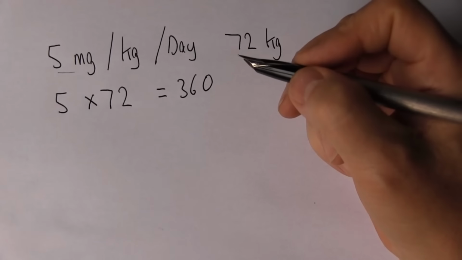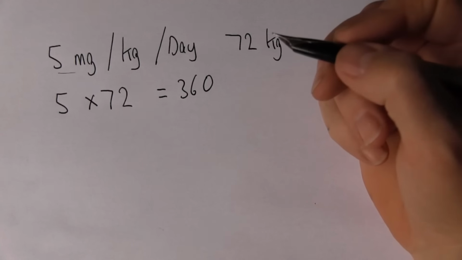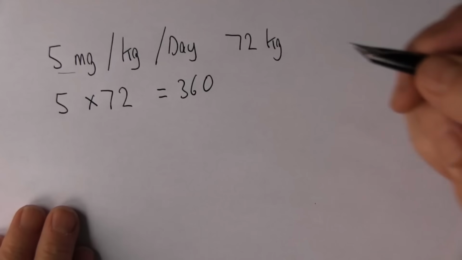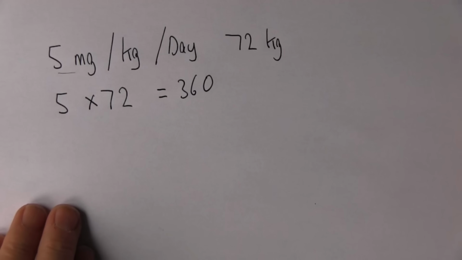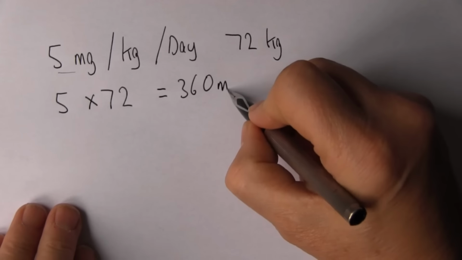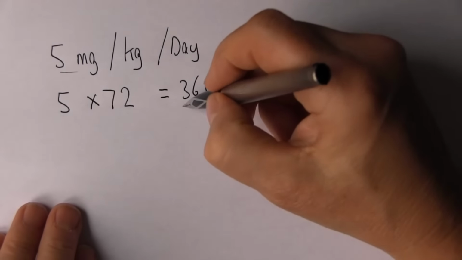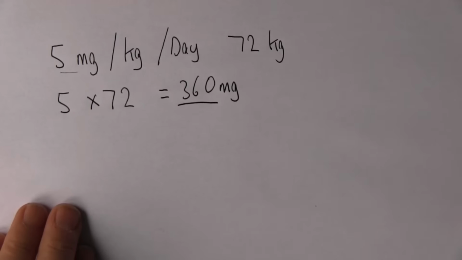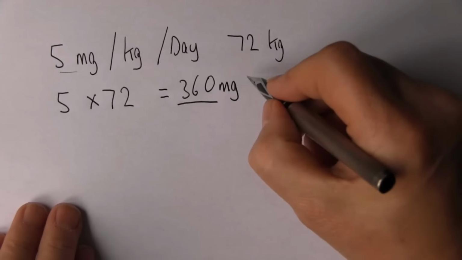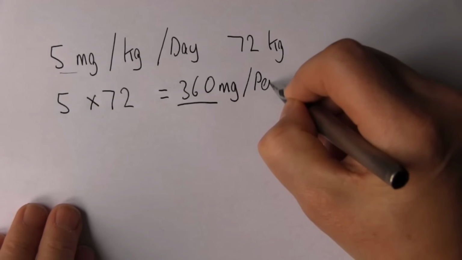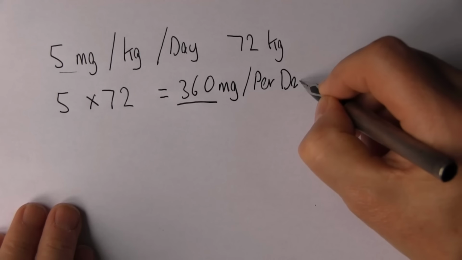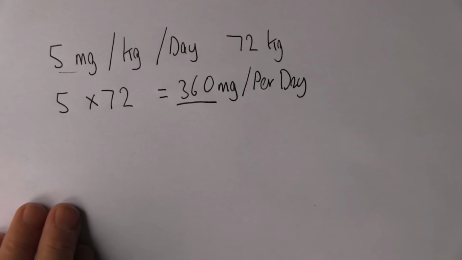So what this 72 kilogram patient needs, if we're going to give them 5 milligrams of gentamicin per day per kilogram of their body weight, is 360 milligrams per day. That's what we need to give. That's the required dose.